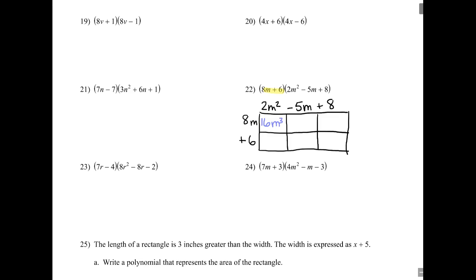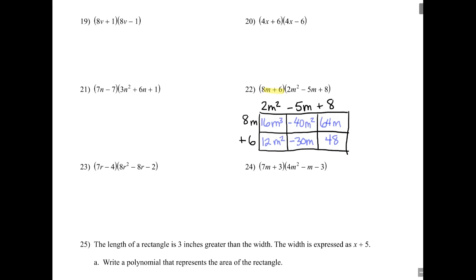I get negative 40m squared. Then to get the next box, I'm going to do 8 times 8, which is 64, and I still have that m hanging on to the first term. I get 6 times 2, which is 12m squared. Okay, so from the left and up above, I get 6 times negative 5m is negative 30m, and 6 times 8 is 48.